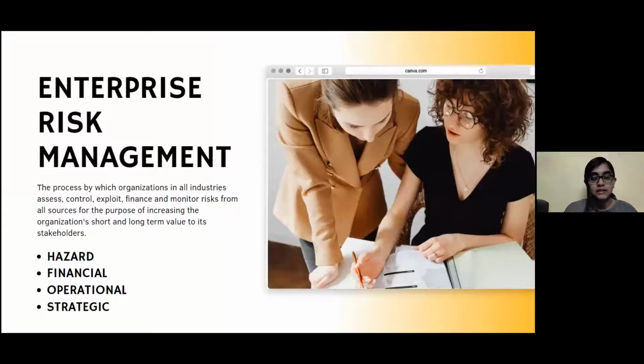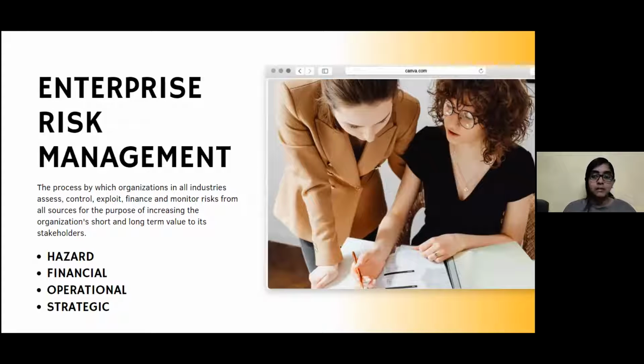Okay, so what is enterprise risk management? The proper definition of enterprise risk management is the process by which the organization in all industries assesses, controls, exploits, finances, and monitors risk from all sources for the purpose of increasing the organization's short and long-term value to its stakeholders.